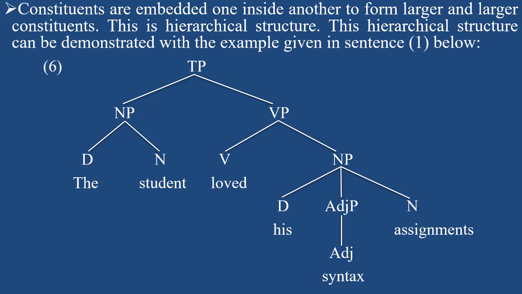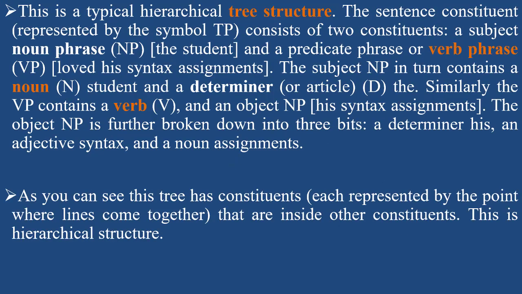So as you can see, this tree structure is used here to represent a constituent, which is here a sentence, and in the sentence we have smaller constituents. So this is a typical hierarchical tree structure. The sentence constituent represented by the symbol TP consists of two constituents: a subject noun phrase, NP, the student, and the predicate phrase or verb phrase VP, loved his syntax assignment.